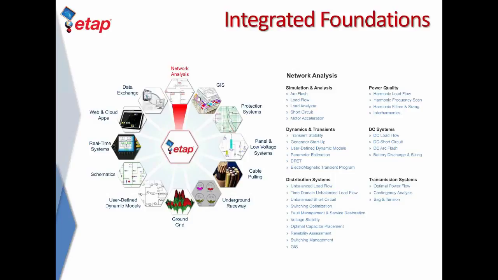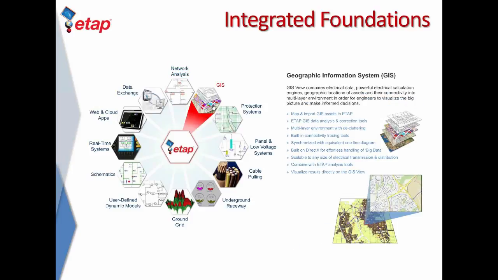You can essentially model the electrical system using geospatial information, so we can extract data from any GIS system, bring the model inside ETAP, and then allow you to plan a geospatial network all within the same application.